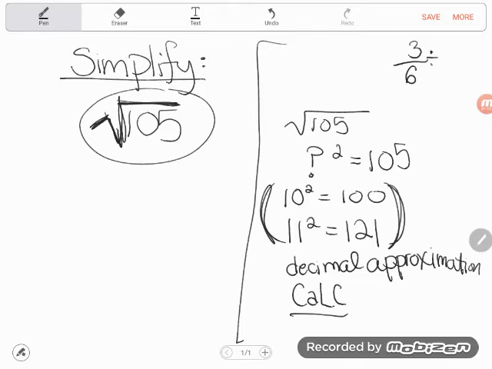I can divide out the common factors. Both 3 and 6 have a common factor of 3, so I divide them out and I get that reduced or simplified fraction of 1/2. Similarly, when you simplify a square root, you're going to pull out any factors that are perfect squares. Even though 105 is not a perfect square, it may have factors that are perfect squares within it.